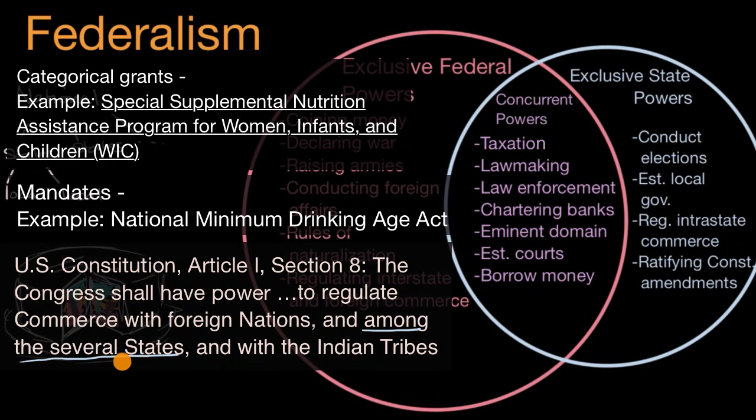And as you can imagine, when you have free-flowing commerce between states, you have the same currency, you don't have tariffs between states, many things that you would traditionally view as the power of the state, one could argue would have some influence on interstate commerce.